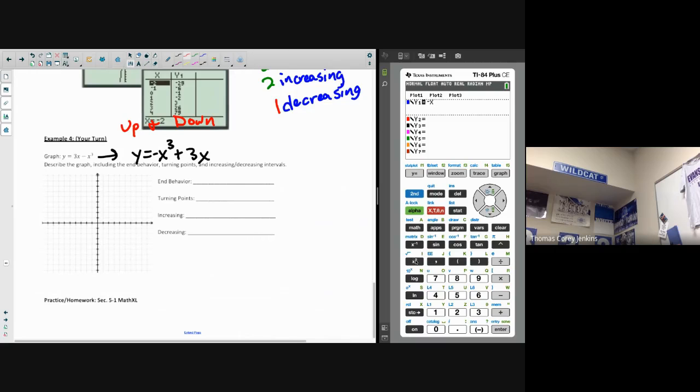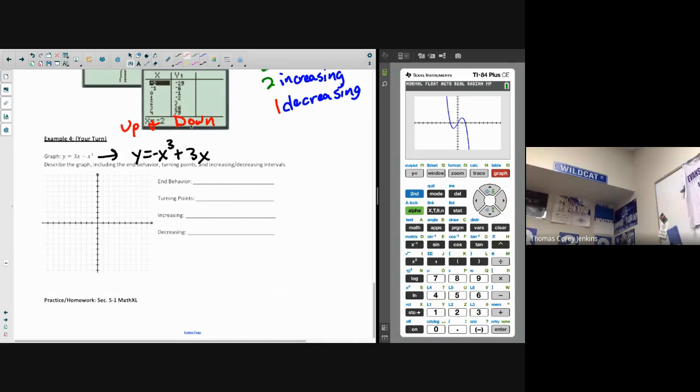You can use that button as a shortcut for squared, but there is no such button for x to the 3, so we use the caret key. And then plus 3 times x. Most of us are visual, so we'll look at it and see if we got the first part right. You see that it starts up, finishes down, so up and down.